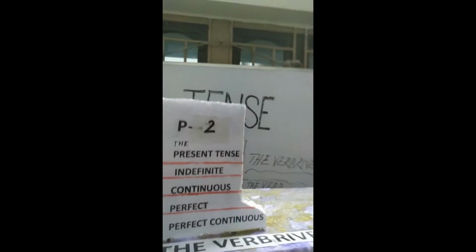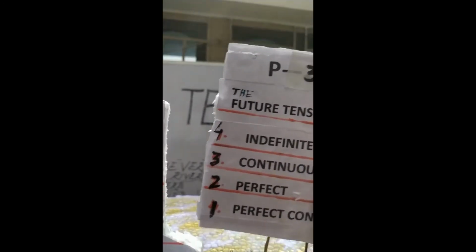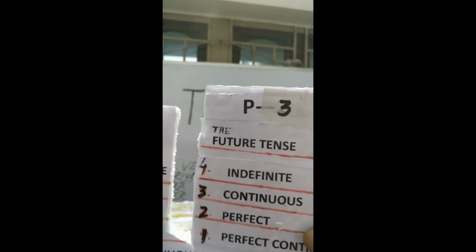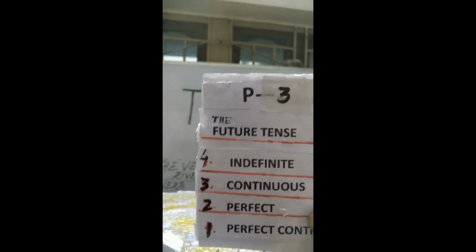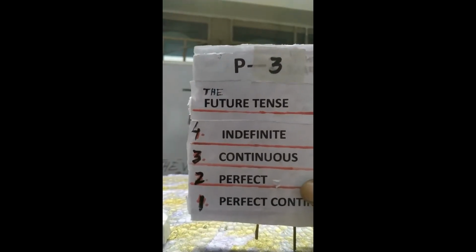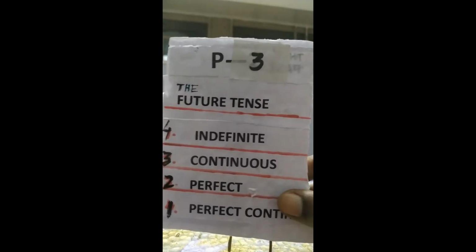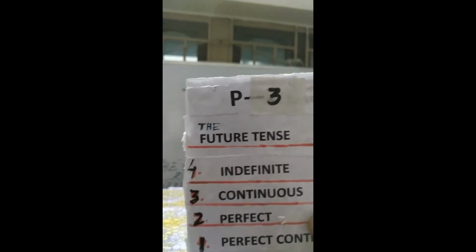Later on, I shall construct the last pillar, the future tense pillar, because this pillar will be constructed in future. So, this process has not started yet. It will be started in future.